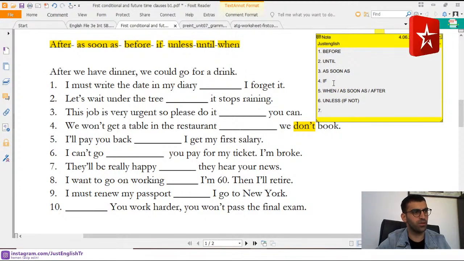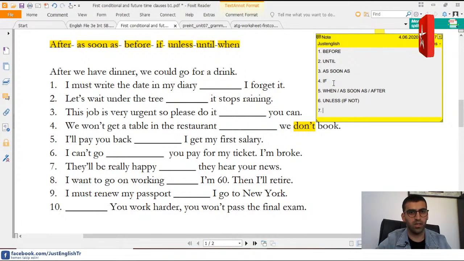I am waiting for your answers for number 7. Gulsava says it is when and if. Wow, two different answers for the same sentence. Alright, you will see. Anyone else? I'm waiting for other students' comments.